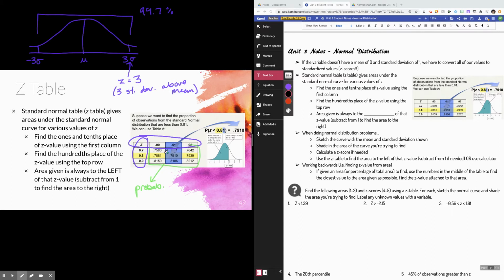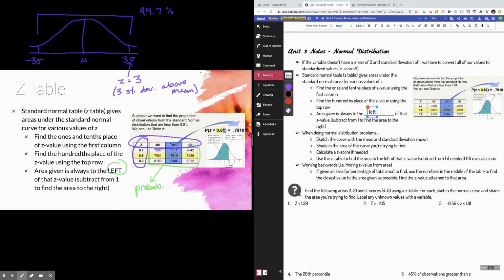The z table is almost like a table of percentiles for the standard normal distribution, because it always gives you areas to the left of a particular z value. Which I need to write over here on this side: the area given is always to the left of that z value.